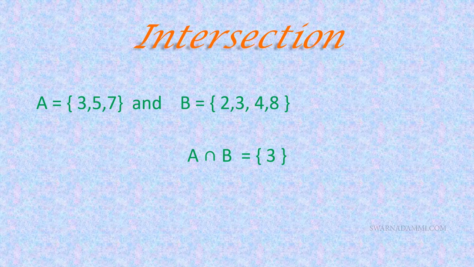A equals {3, 5, 7} and B equals {2, 3, 4, 8}. Here the common element is 3. That means A intersection B equals {3}.